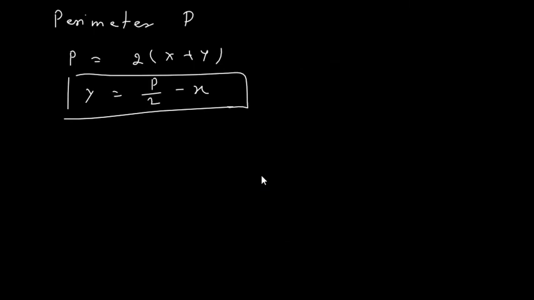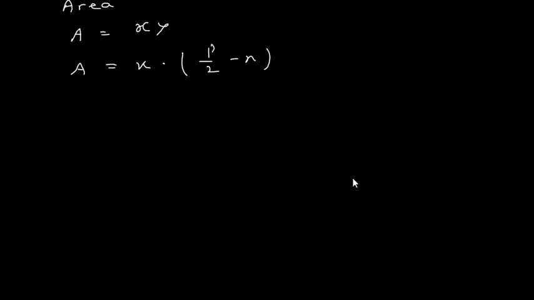So we will say area. Now area A is equal to, for a rectangle, x into y. So x into, in place of y we can write p divided by 2 minus x. This is our area. For a maximum or minimum condition of area, we have dA upon dx equal to 0. So let us first find dA.